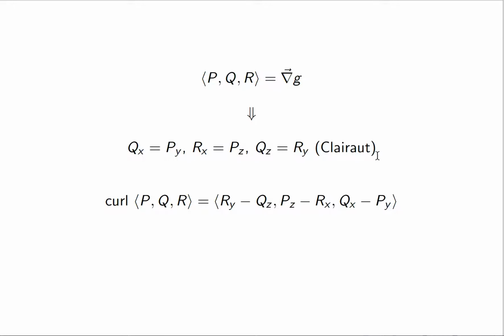In other words, Clairaut's result can be stated as the curl of f is equal to 0, 0, 0, the 0 vector. I think that's kind of cool that curl comes up exactly to summarize these 3 conditions. They can be summarized just as curl of f is equal to 0.